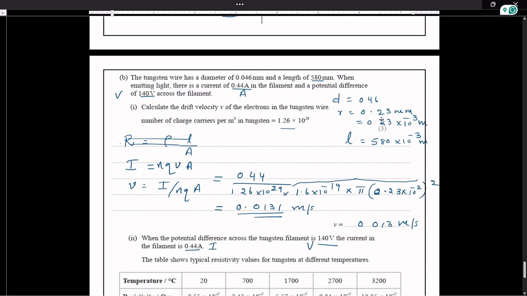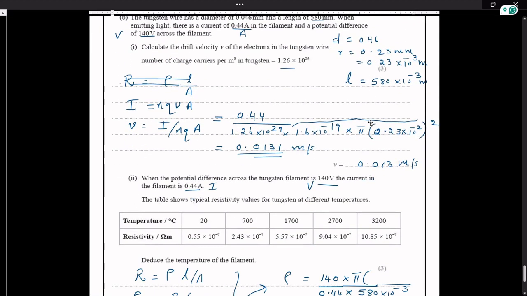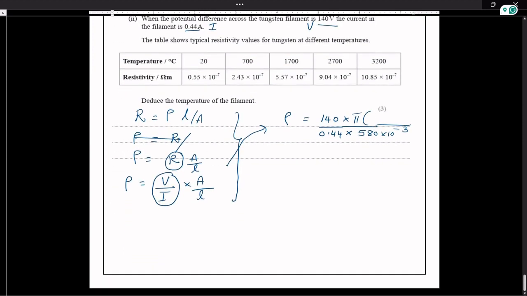Here the r value we have is 0.23 times 10 to the power of negative 3, the whole squared. On calculation, we are getting the resistivity as 9.1 times 10 to the power of negative 7 ohm meter.